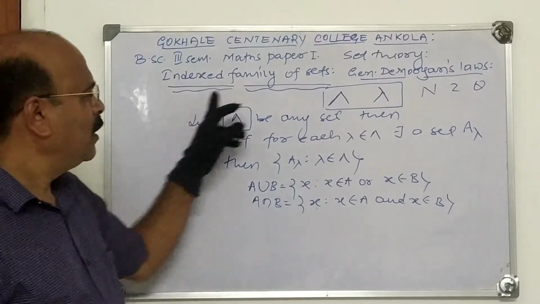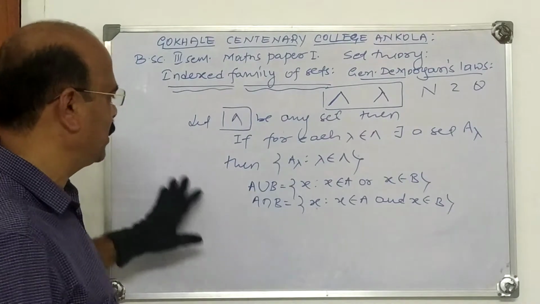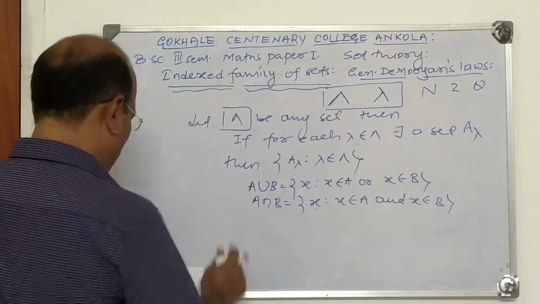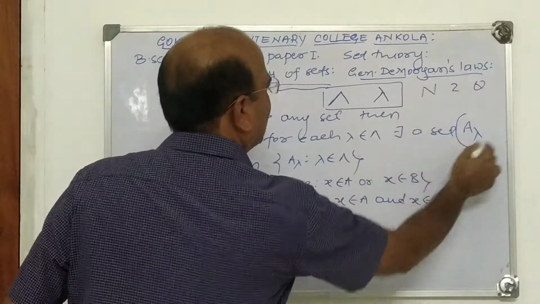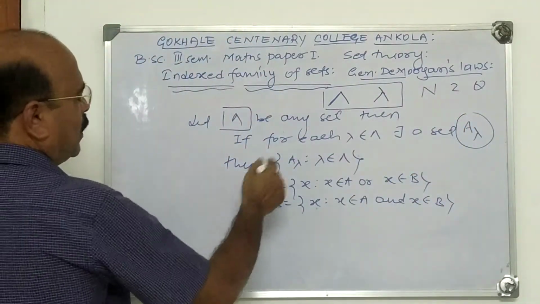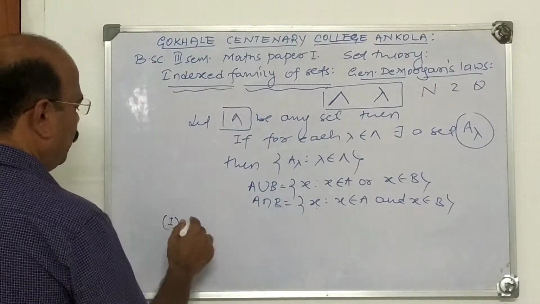Now we define what is union and intersection of indexed family of sets. Suppose A lambda is an indexed family of sets. First, the union.